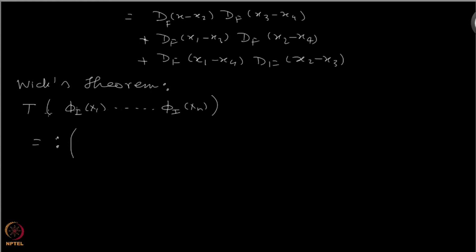This most general case can be written as the following: take all the fields phi I x1 up to phi I xn, just like in our case of 4 fields, plus you should do all possible contractions.